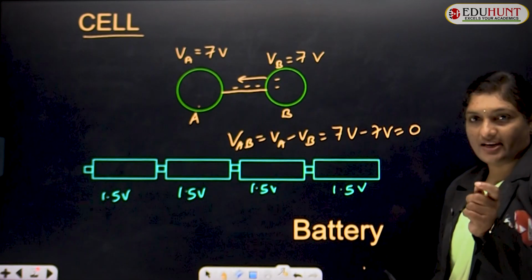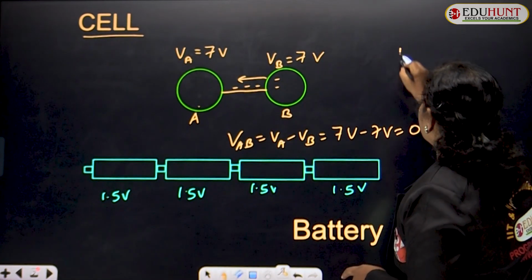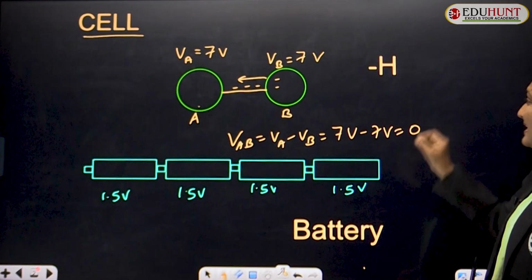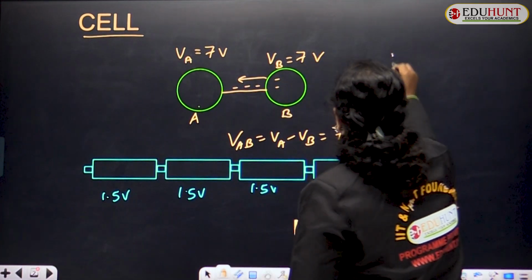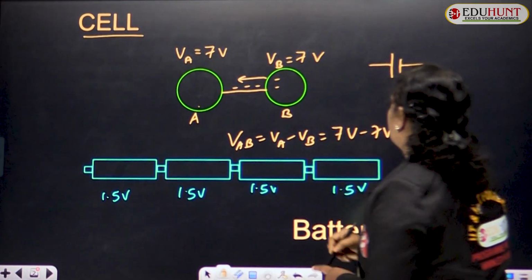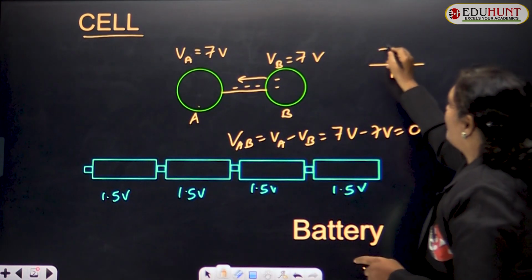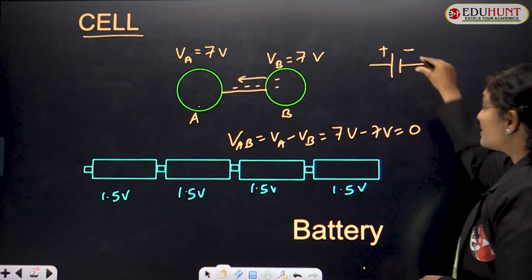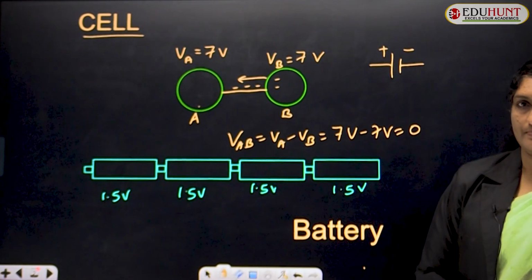The general notation, the symbolic representation of a cell is something like this. In circuits, the cells are represented like this. The one with the longer line is called your positive terminal, whereas the other with the smaller line indicates your negative terminal.